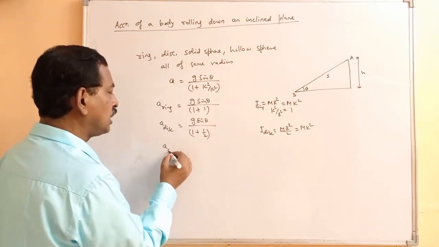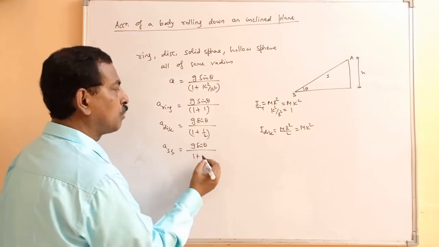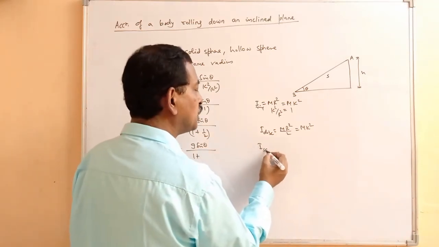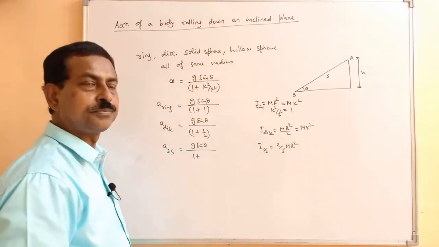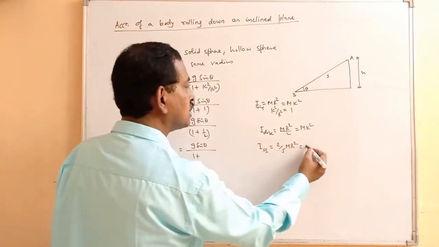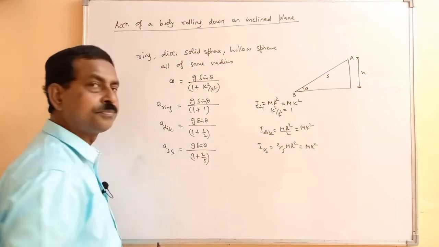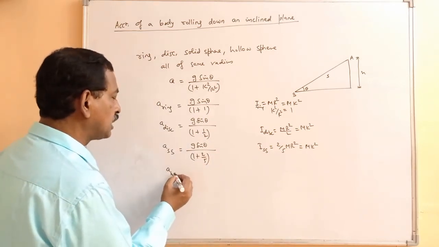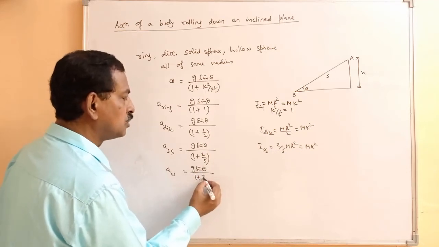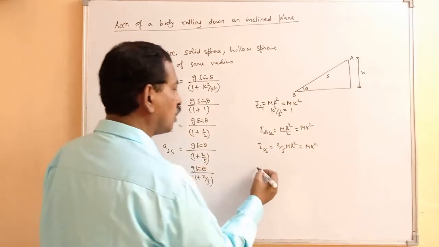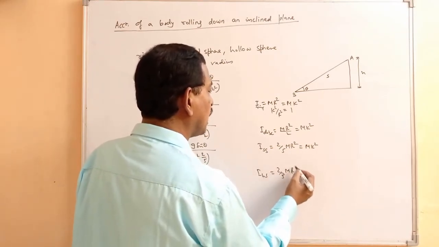If you take the solid sphere, g sine theta by 1 plus, for solid sphere it is 2 by 5 mr square. So in that case, if this is your mk square, k square by r square is 2 by 5. And for the hollow sphere, g sine theta by 1 plus 2 by 3, because for a hollow sphere this is 2 by 3 mr square.